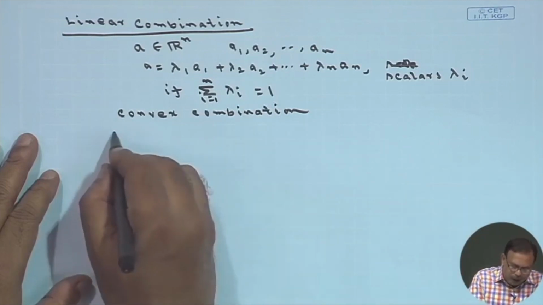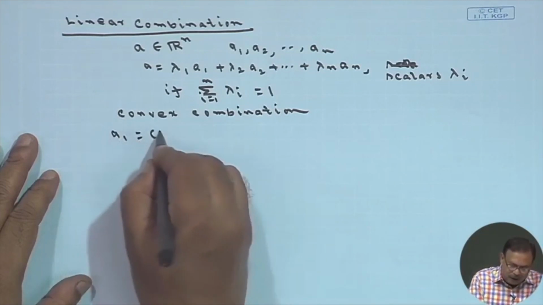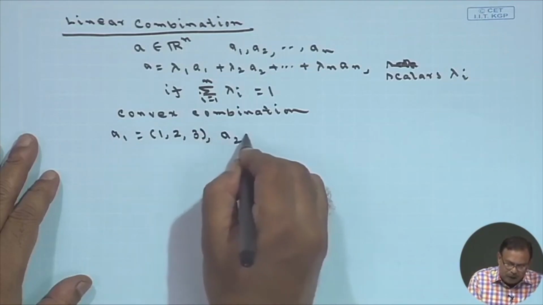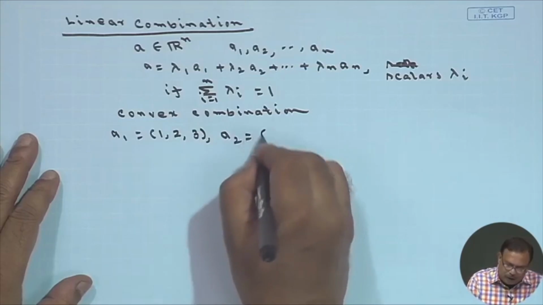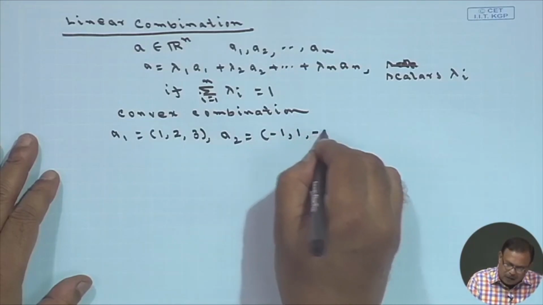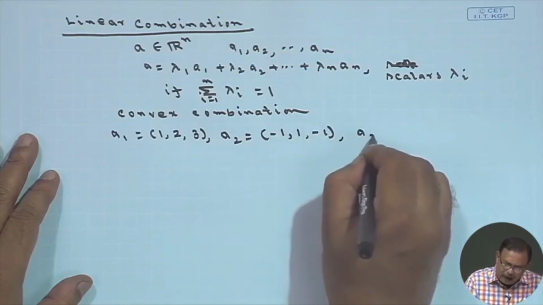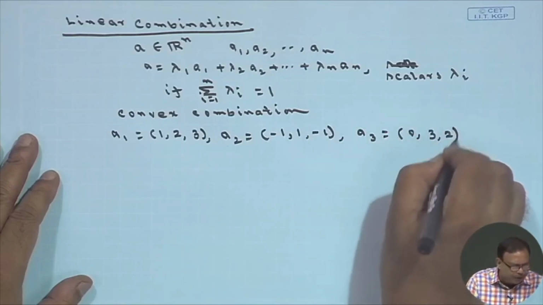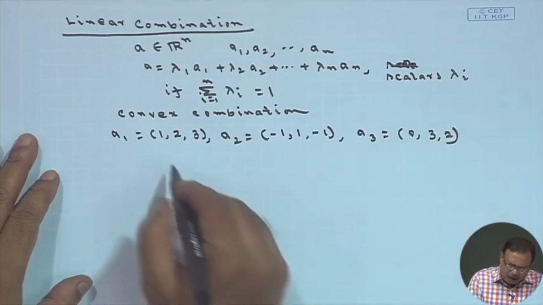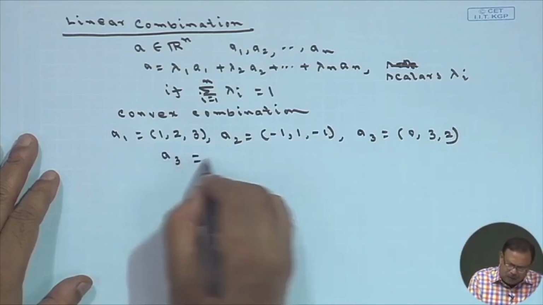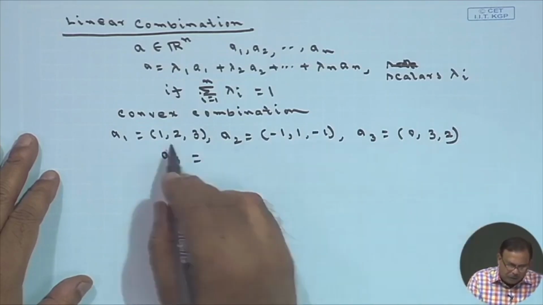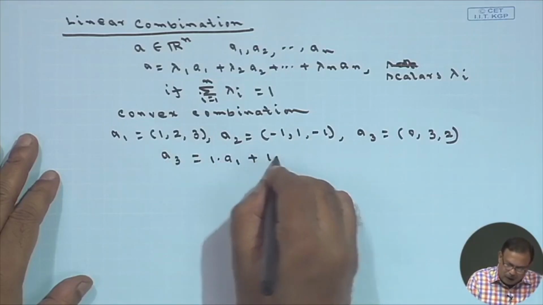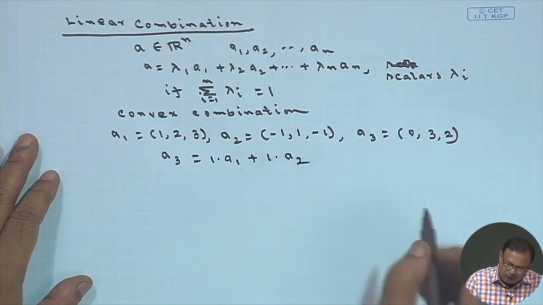If you consider three vectors, a 1 equals this, the other vector a 2 equals minus 1, 1 and minus 1, and another one, say a 3 equals 0, 3, 2. Can I write A3 as 1 into A1 plus 1 into A2?